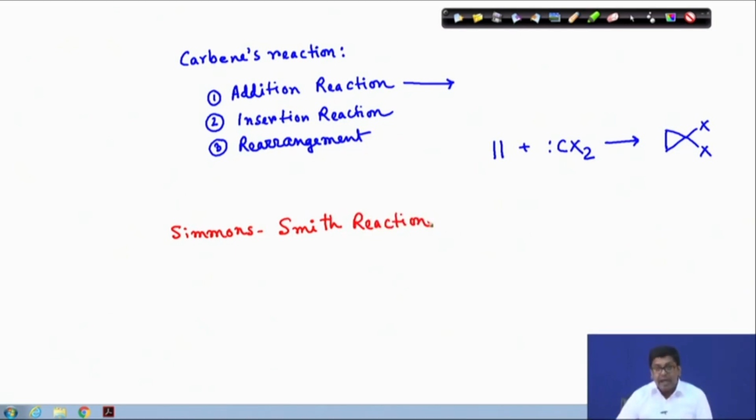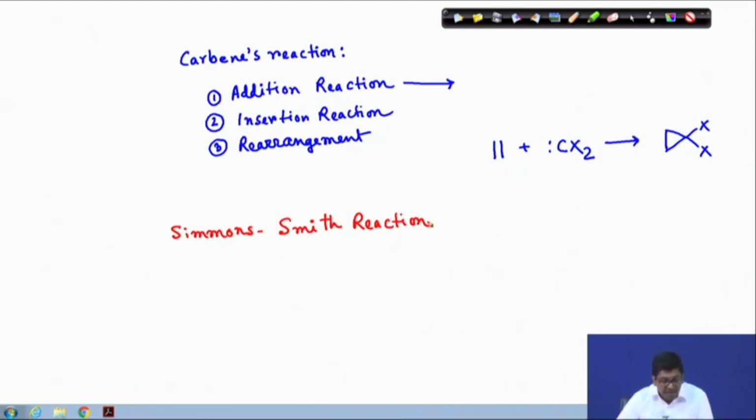This is also another reaction where you can convert the olefin into its cyclopropane ring. Okay. So, an unsaturated bond can be converted to the corresponding 3-membered ring. Now, what is this Simmons-Smith reaction? That we will learn.